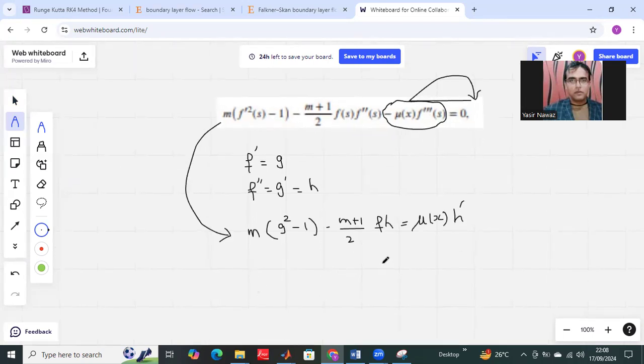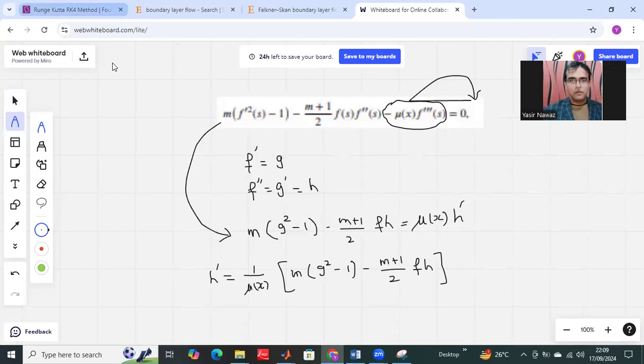So now I bring mu of x on this side, so this equation can be written as m into g square minus 1 minus (m plus 1) over 2 f h, and this is h prime. So I write h prime on the left.